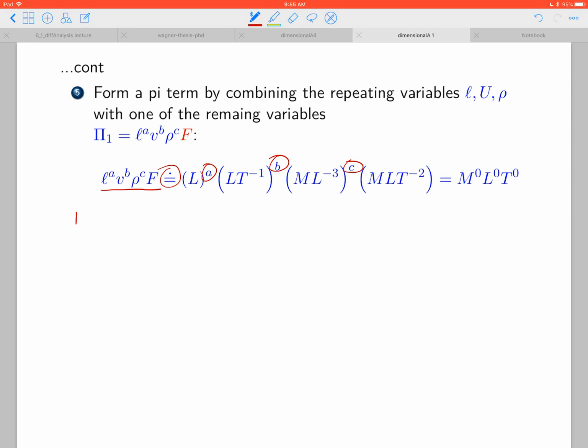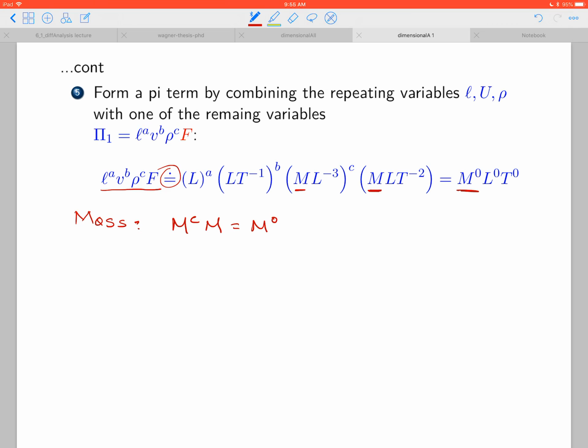So for mass, in this case, let me clear this a little bit, we have mass, and we have mass, and we have mass. So we have M to the c multiplied by M from the second one, and that should be equal to M to the 0. So this is the first equation.